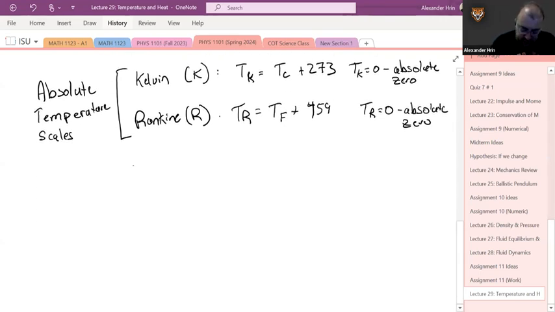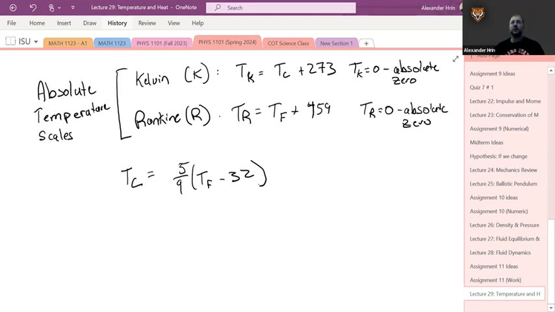The formula for Celsius to Fahrenheit, this is something that's worth knowing. Your Celsius temperature is equal to 5/9 times your Fahrenheit temperature minus 32. Okay. So that's one way you can remember it. So that is worth keeping in mind.